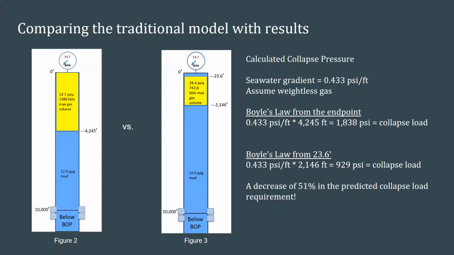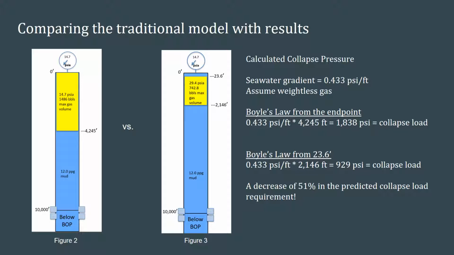If we compare the traditional model taught in well control school with the iterative calculation we performed, we see the error introduced when taking Boyle's law into account in our collapse load calculations. Assuming the seawater gradient is equal to 0.433 psi per foot and that the gas is weightless, we see that the traditional calculation of the gas volume at the endpoint of the riser gives a collapse load of 1,838 psi from the seawater pushing in on the riser.